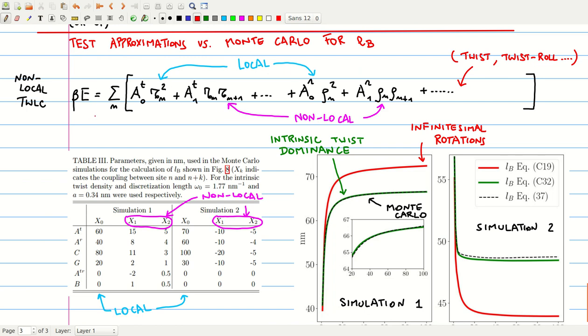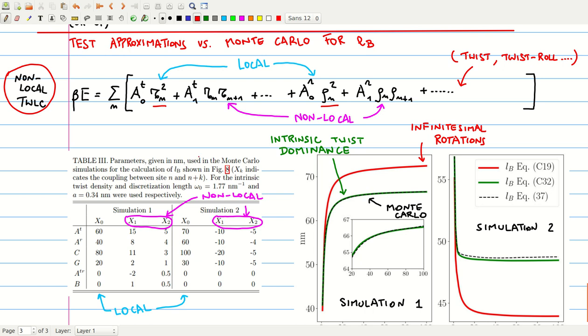We test this approximation on a generic non-local model specified here, using interactions which do not necessarily match those of a DNA molecule. The energy of a non-local twistable wormlike chain is given here and contains local couplings as tau n squared and rho n squared terms.